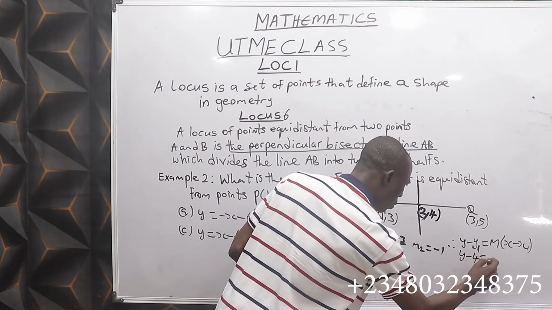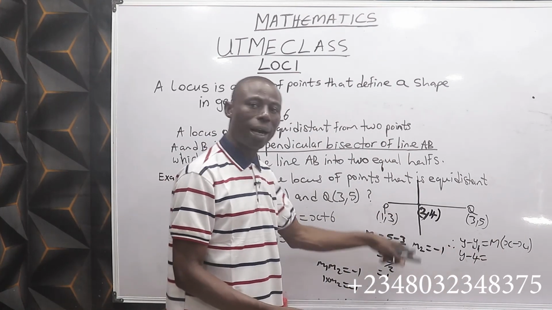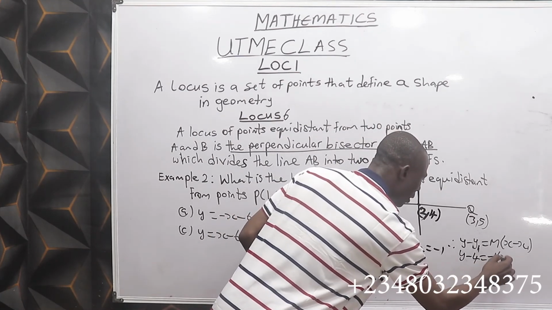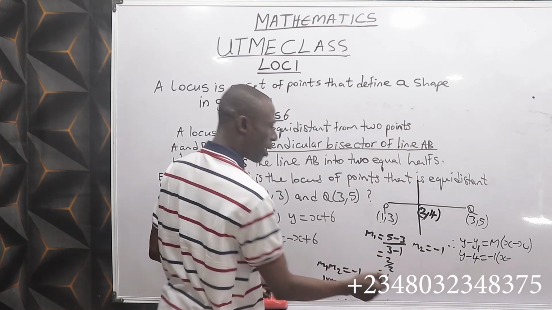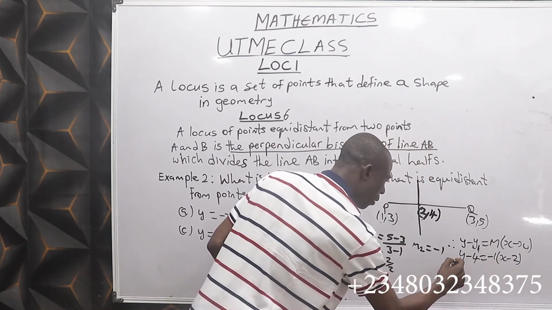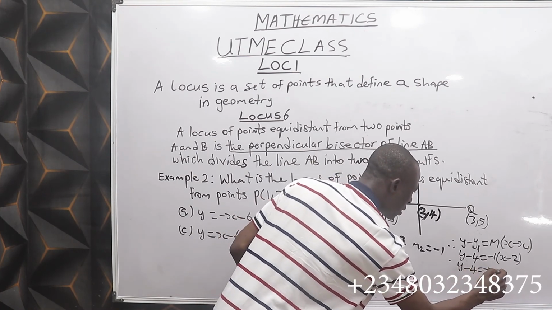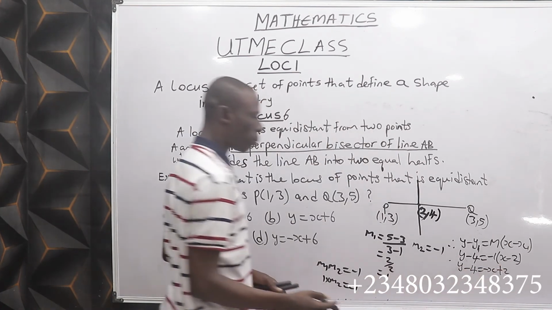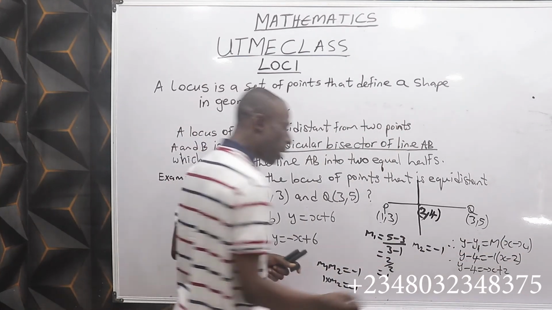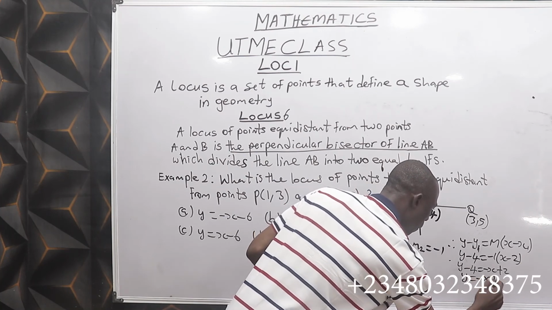That's y minus 4 equals m. The m here is the gradient of the perpendicular, which is minus 1. Minus 1 into x minus x1. x1 is 2 here. So, we have y minus 4 equals minus x plus 2. When we use negative 1 to open that bracket, that's what we get. Now, y will be equal to minus x plus 6.